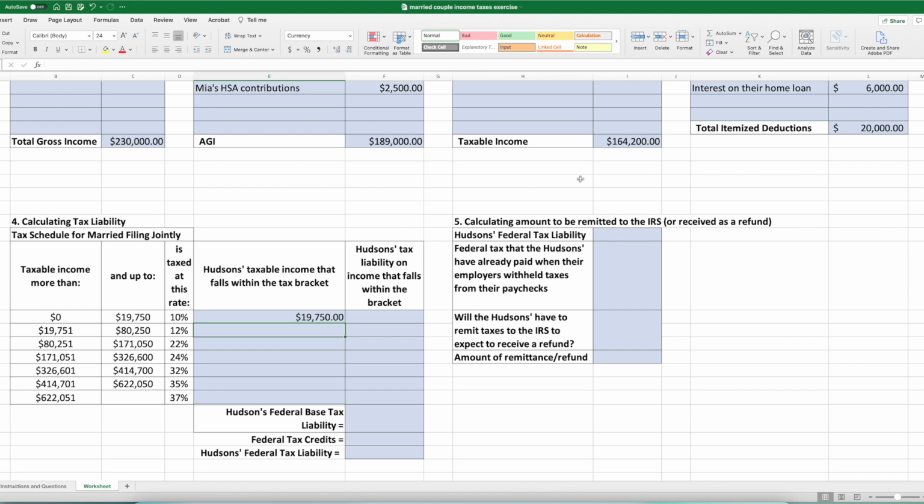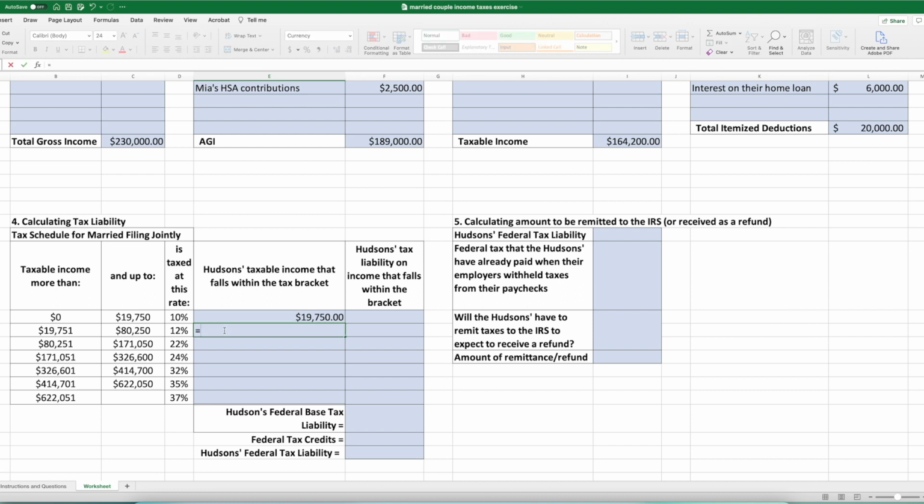Now we take the remaining taxable income and pour it into the second bracket, the 12% bracket. That is their income that goes from $19,751 to $80,250. How much of their taxable income is going to fall in this bracket? First of all, we need to recognize that their taxable income is going to fill this bracket entirely because their taxable income exceeds the upper limit of this range.